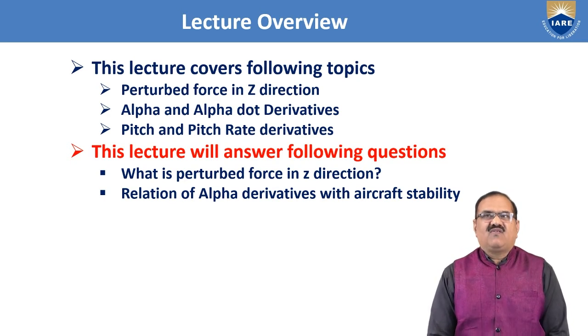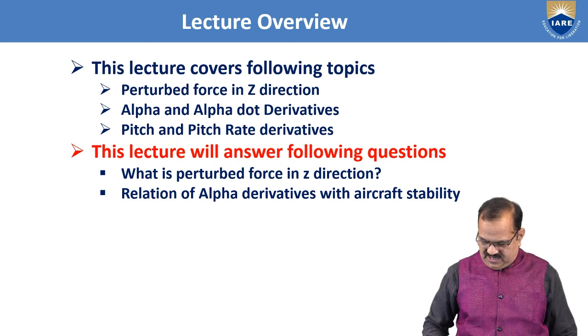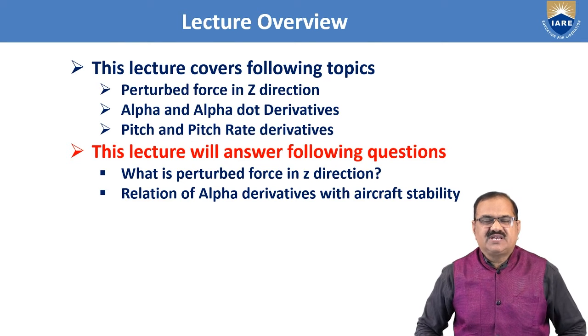This lecture will answer the following questions. What is Porter force in Z direction? Z direction indicates vertical, up or down. And the relation of the alpha derivative with aircraft stability. So these questions are going to be answered in this lecture.